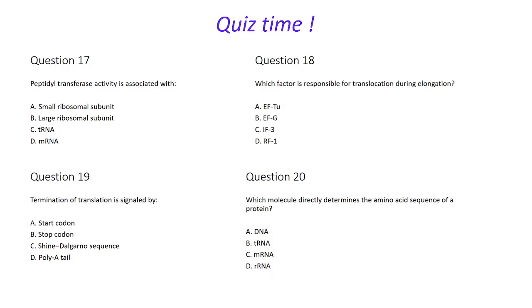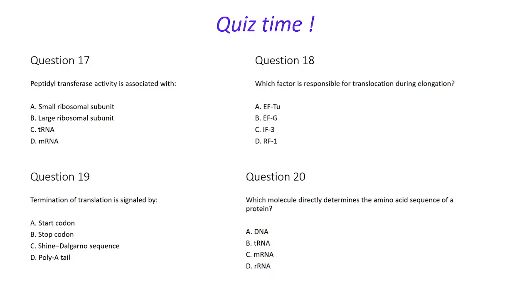It's a class one release factor that recognizes the stop codons, the UAA, UAG in the ribosomal A site, and promotes the hydrolysis and release of the completed polypeptide chain from the tRNA. So which factor is responsible for translocation? That is option B, that is EFG, or elongation factor G.